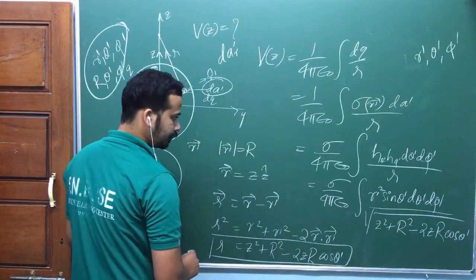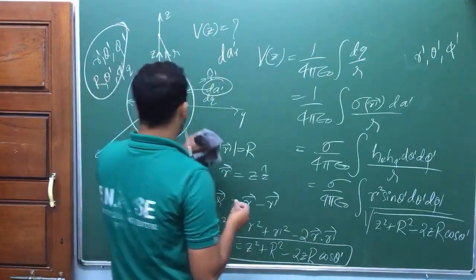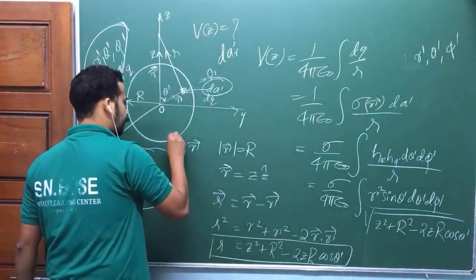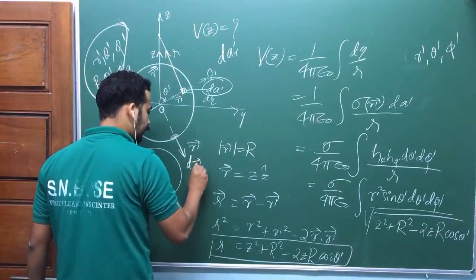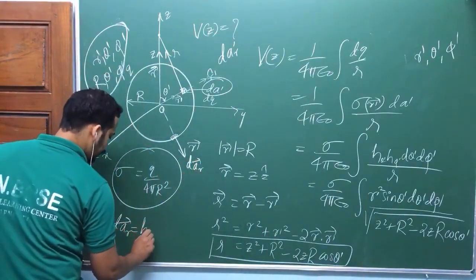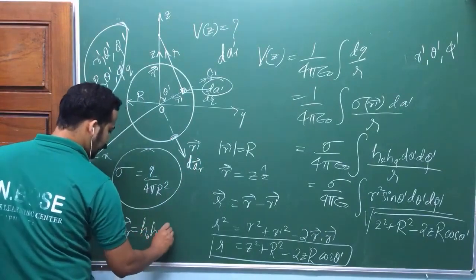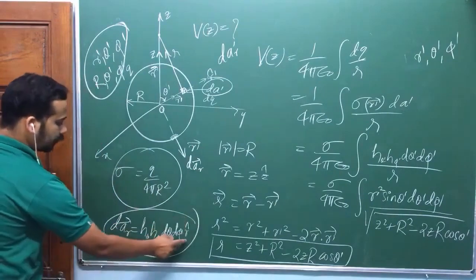Sir, I'm not getting the area part, sir. I mean, how do you take this area, sir? Again, if you take any patch of area here, that is radially outward, dA. How have you written dA? Speak out. h theta, h phi, d theta, d phi, R cap. But you don't have to take the vector part.